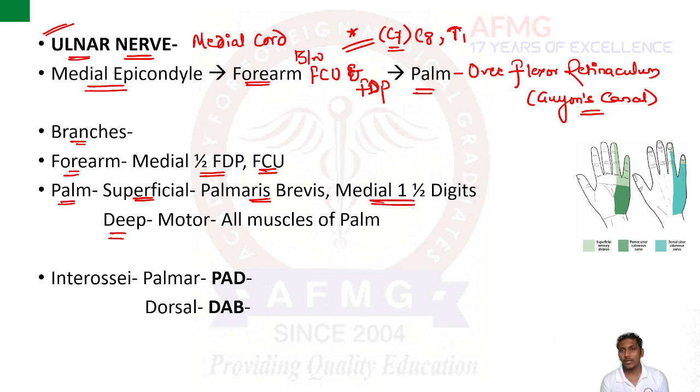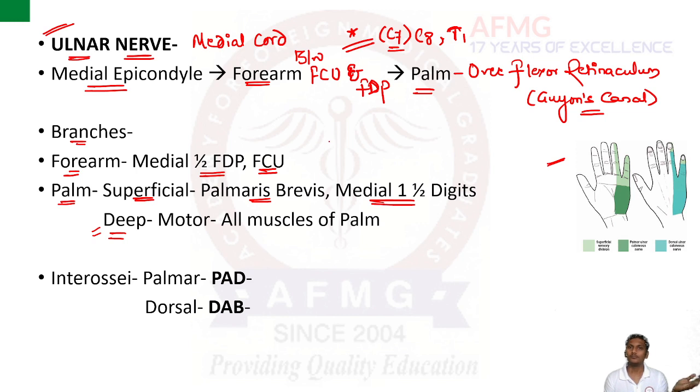Okay, so as you can see in this picture over here, ulnar nerve is responsible for the sensation over the medial 1.5 digits, that is your little finger and half of the ring finger, and also the hypothenar eminence. All the sensations from hypothenar eminence or medial 1.5 digits from palmar as well as dorsal aspect are carried by your ulnar nerve, right?